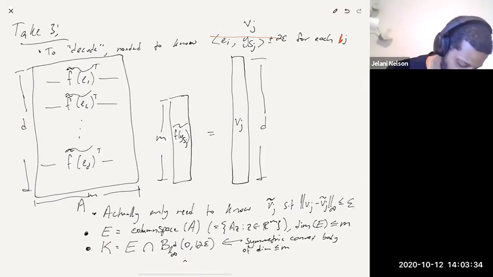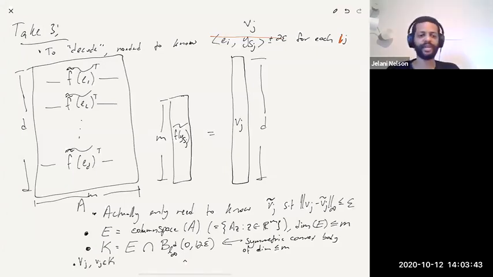I know that for all j, v_j is in K. Because v_j is definitely in E, it's equal to A times some vector, and it also has L infinity norm at most 12 epsilon. That's what we said earlier.